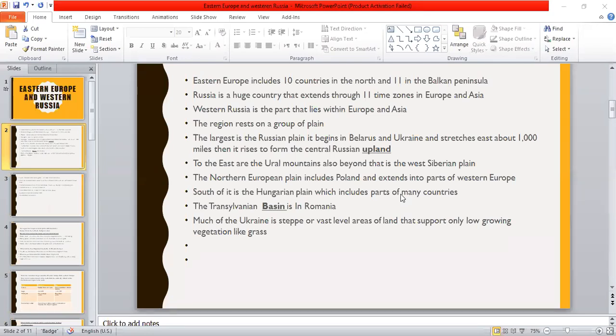First of all, the Baltic Sea. Yes. The Baltic Sea lies northwest of Russia and Eastern Europe, and it is brackish, which means it is so salty. And there is the Adriatic, Ionian, and the Black Sea.